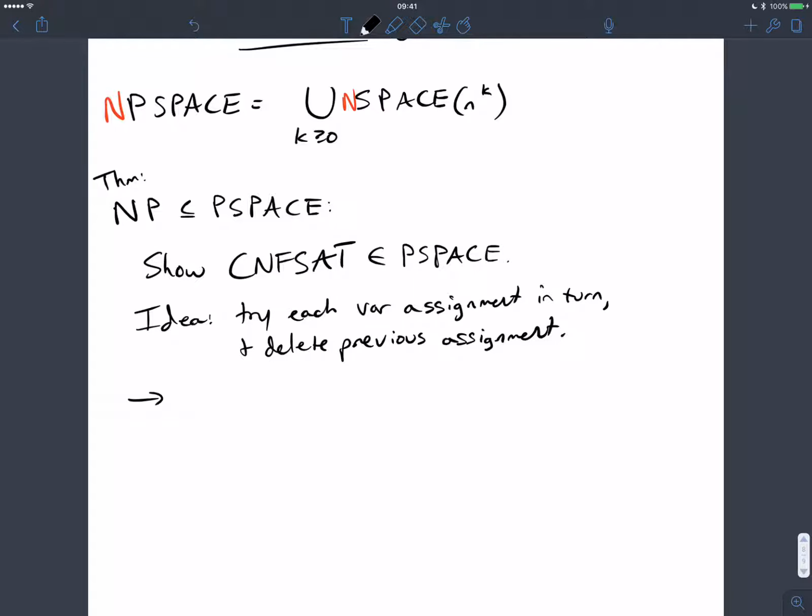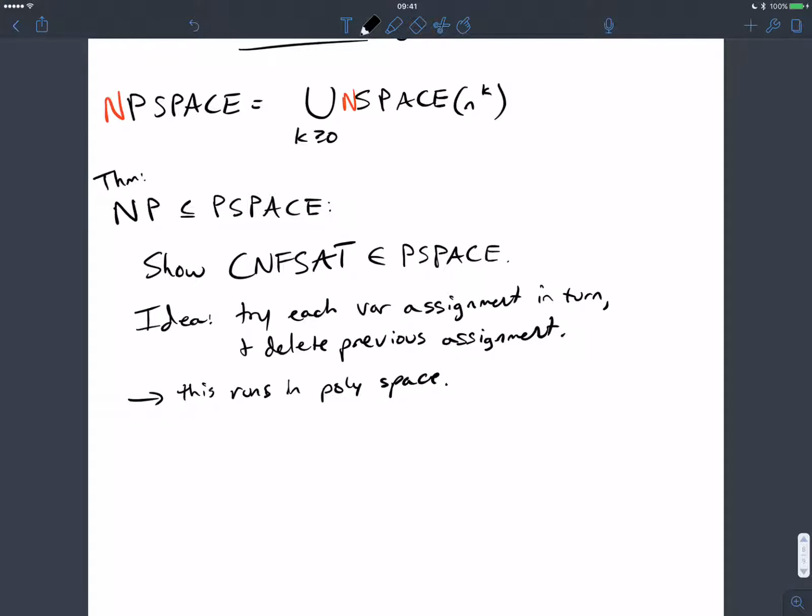And we can see that this runs in polyspace. Okay, so therefore NP is a subset of PSPACE.